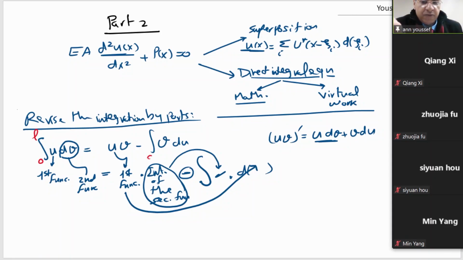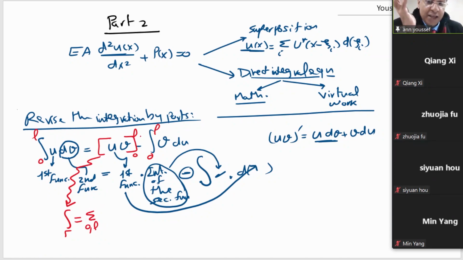And this part is from 0 to L. So practically, we always substitute the upper limit and the lower limit. So actually this part is a summation. This part here is a boundary integral. So it is a summation at 0 and L. Practically, we always say the upper limit minus the lower limit.